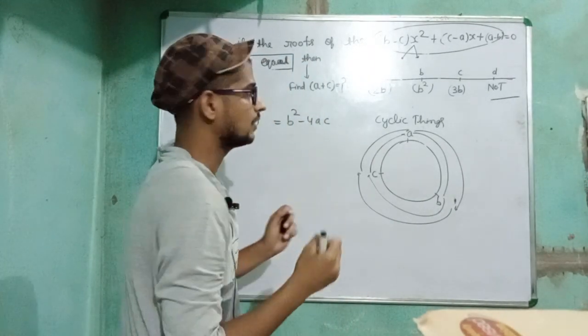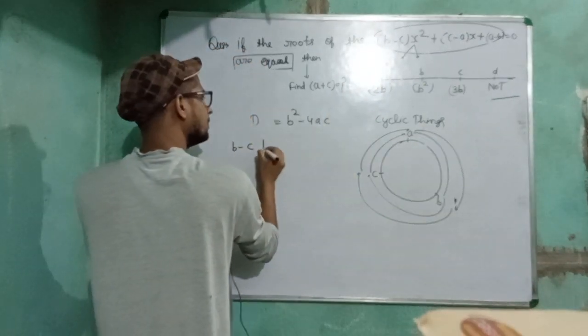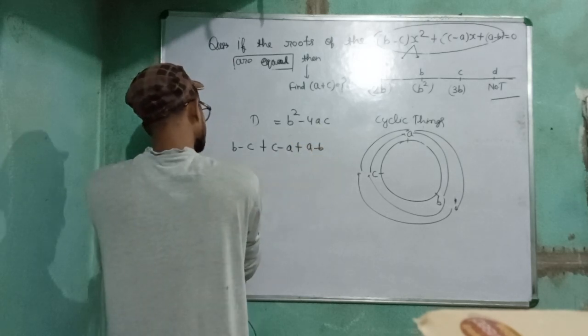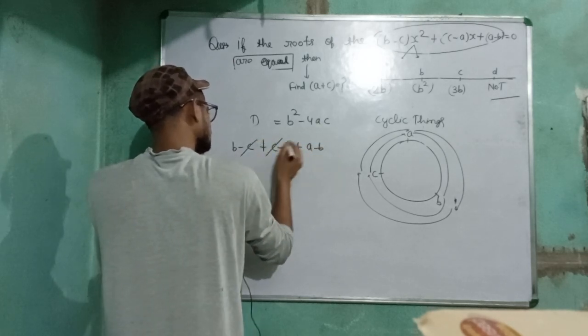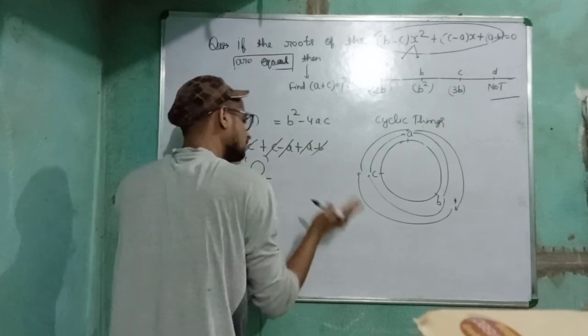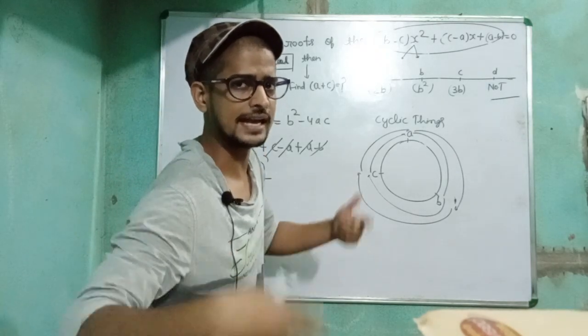How? Look, if I add all these cyclic terms, B minus C plus C minus A plus A minus B, then it will come out to be 0. I mean, it vanishes. Cyclic things always vanish. This is the beauty of recognizing cyclic things.